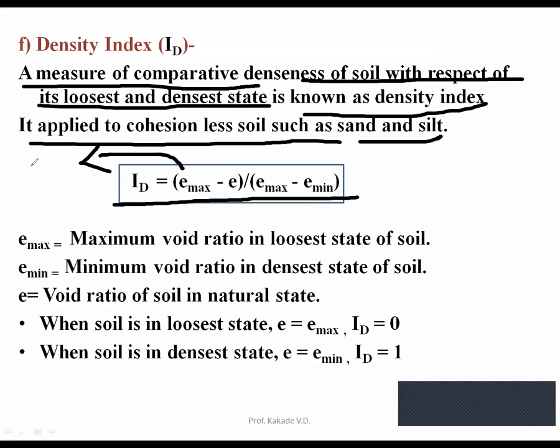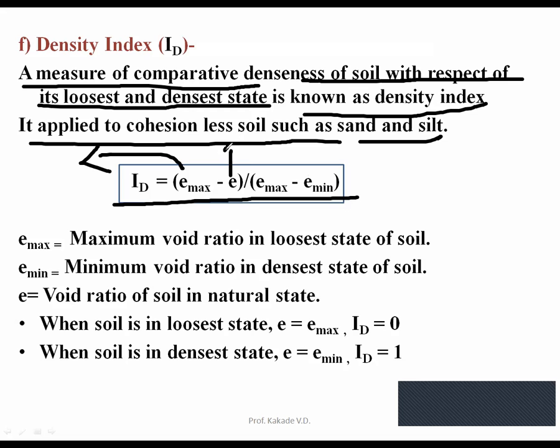Emax is the void ratio at the loosest state. Consider soil dug from a pit and stored on the ground; it is in its loosest state.